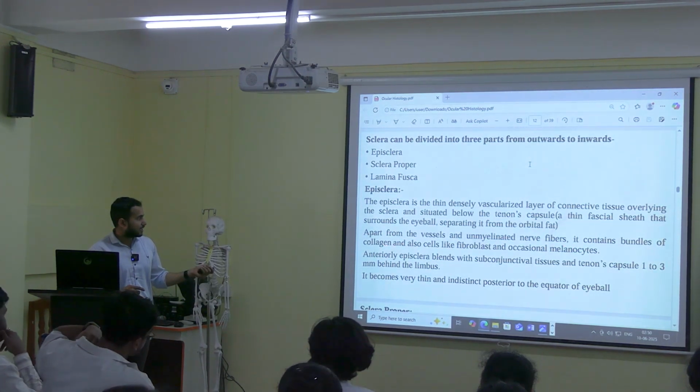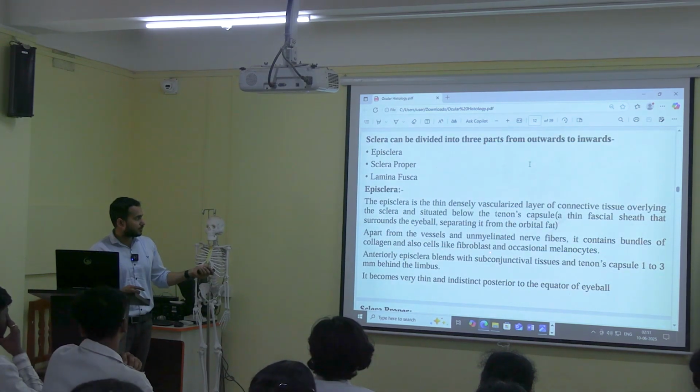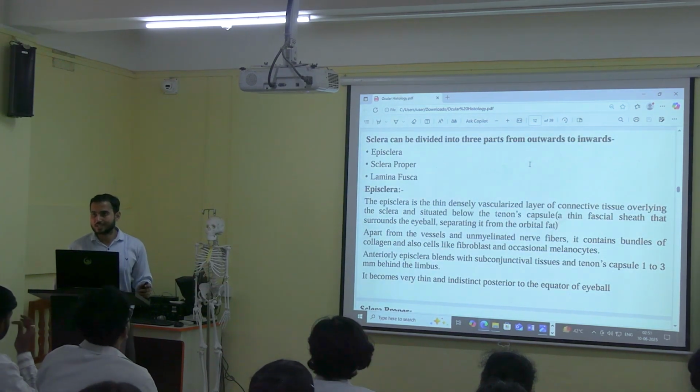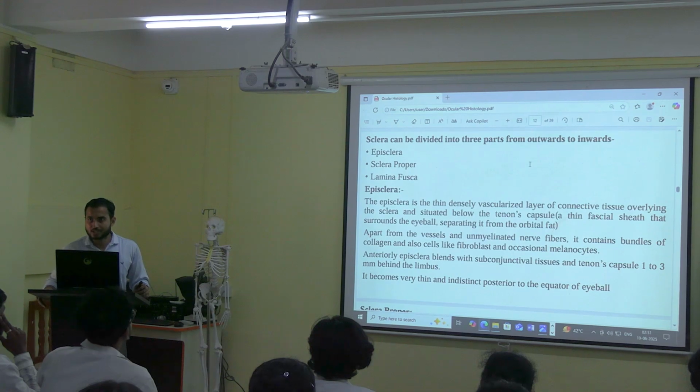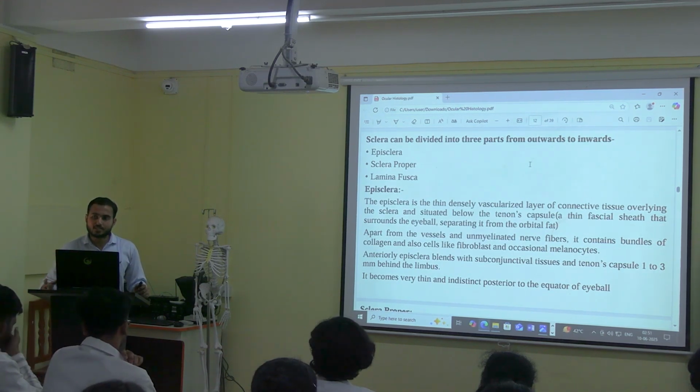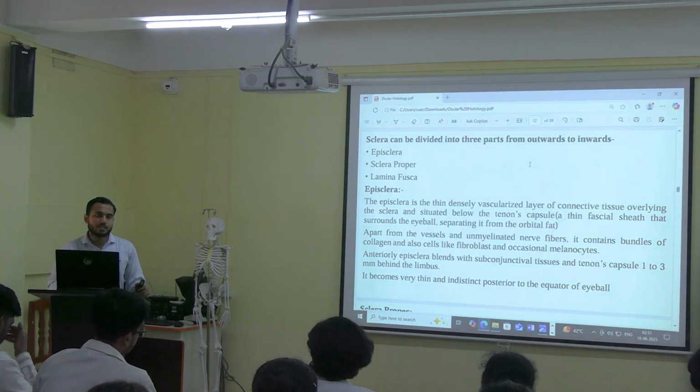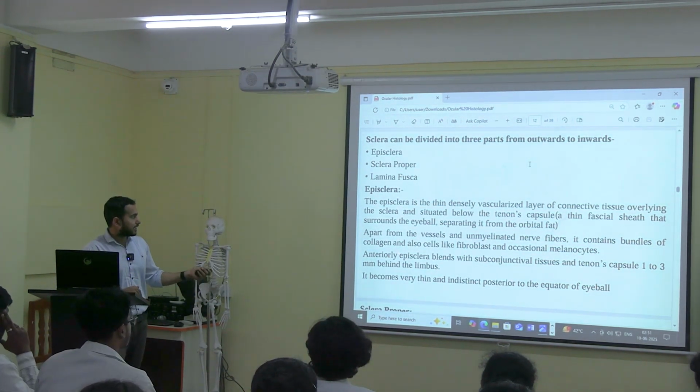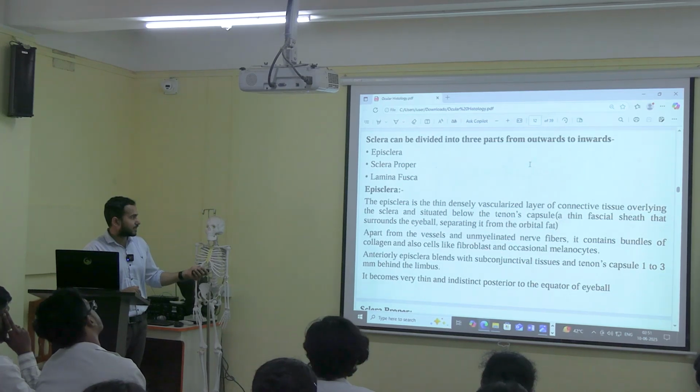Along with that, you can see bundles of collagen fibers, fibroblasts, and some amount of melanocyte cells. These are the contents of the episclera. So mainly blood vessels are present, along with connective tissue. Next, some amount of collagen fibers and fibroblasts are present.